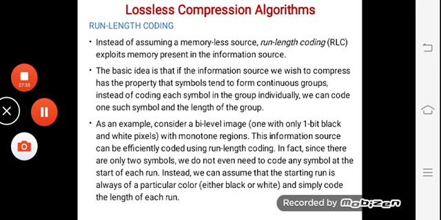In fact, since there are only 2 symbols, we do not even need to code any symbol at the start of each run. If there are multiple levels available, for example in 8-bit gray level images, each pixel has 256 combinations, varying from 0 to 255. But in a bilevel image, the value is either 0 or 1.